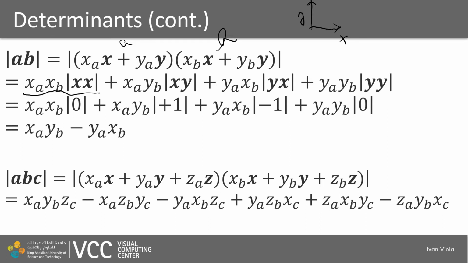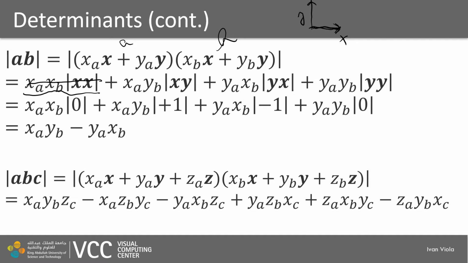And now we have the signed area of x and x. So this is naturally 0 because there is no area spanned between the vector itself. So this will be equal to 0.